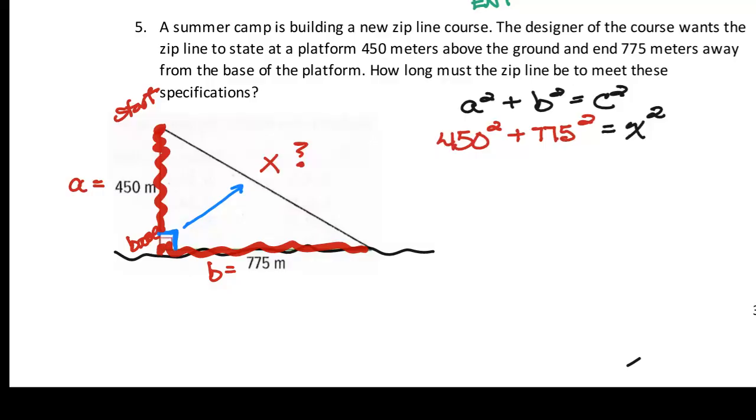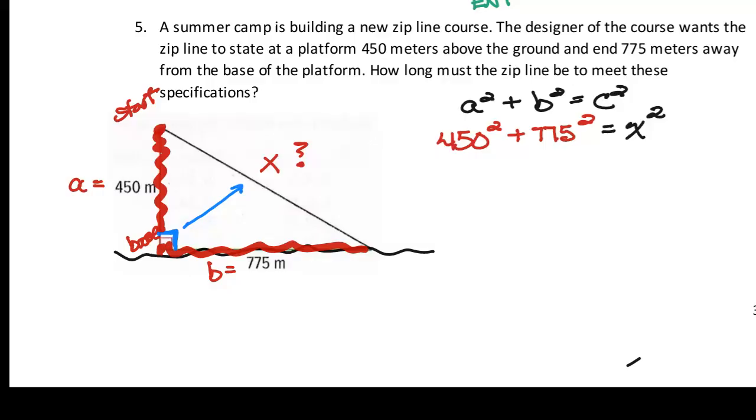So take your handy dandy calculator. Big numbers here. So put in 450, press X squared to square that number, plus 775, press X squared, hit enter.